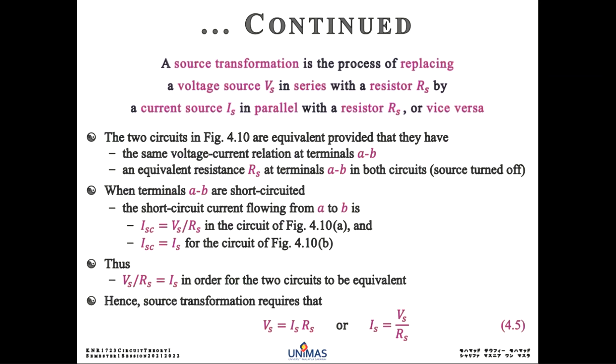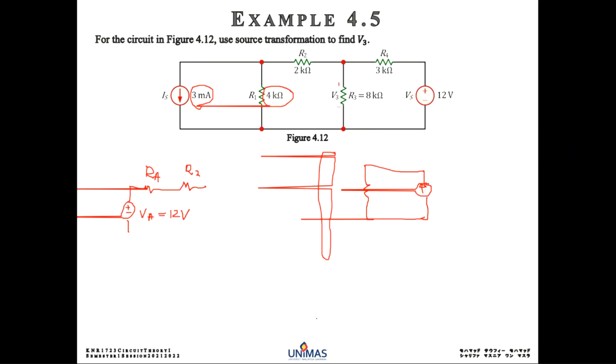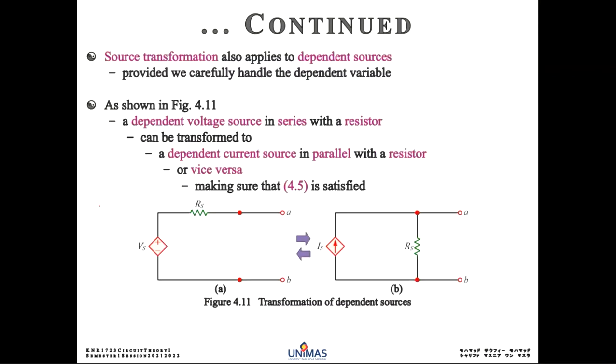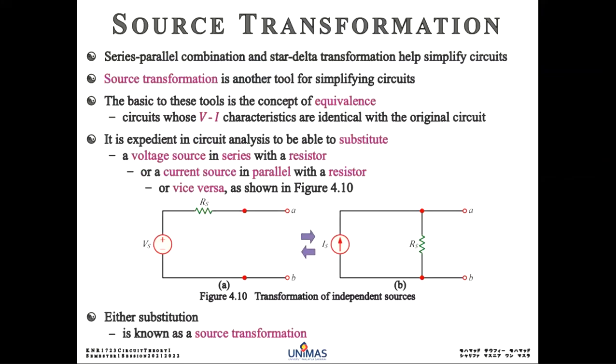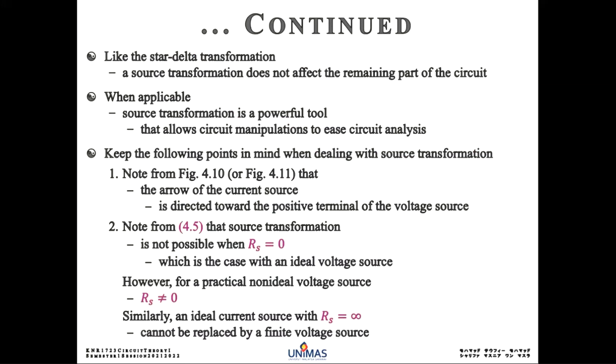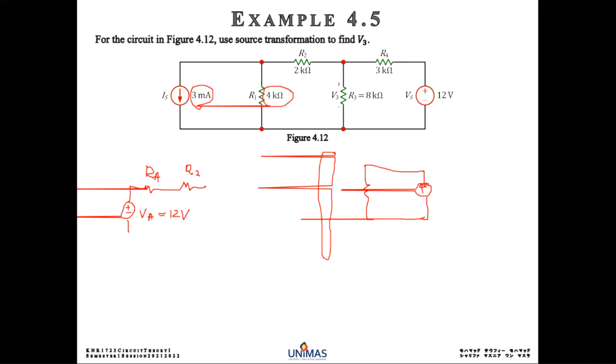So in this case, VA, kita lama dia VA is equal to IsR1, 3 times 4 kilo ohm. Then in this case, Rs is equal to the Rs of the current source, tapi kita namakan dia Ra. So kalau you compare that, what is the value of Ra? 4 kilo ohms, sir. Yes, very straightforward. So kat sini 4.